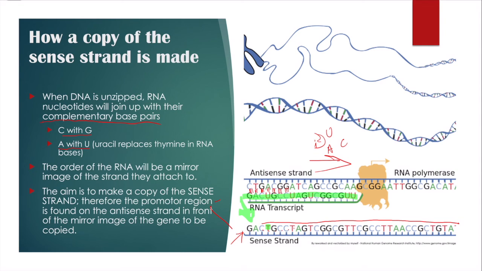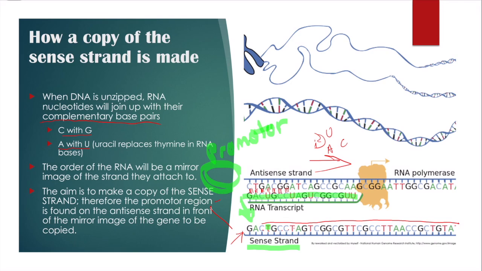So by using the mirror image on the antisense strand, we actually end up with a perfect copy of the sense strand. That's why it works. So the promoter region that the RNA polymerase joins up to is actually here on the antisense strand, not on the sense strand, because we're actually going to use the antisense strand to make a copy of the gene on the sense strand.